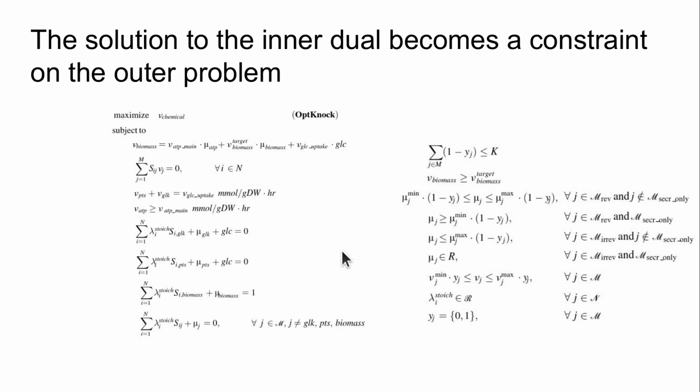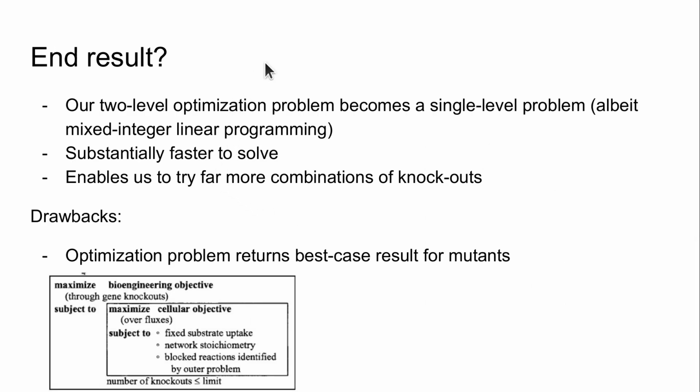For a given runtime on our computer, we can have higher values of k feasible, and then search our possible knockout strategies that much faster. And that is the main benefit of OpNock. It allows us to do this sort of two-level optimization, that is in practice what we're doing, but rewriting it as a single level problem.